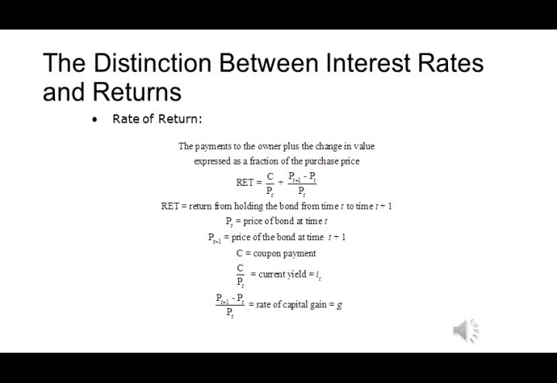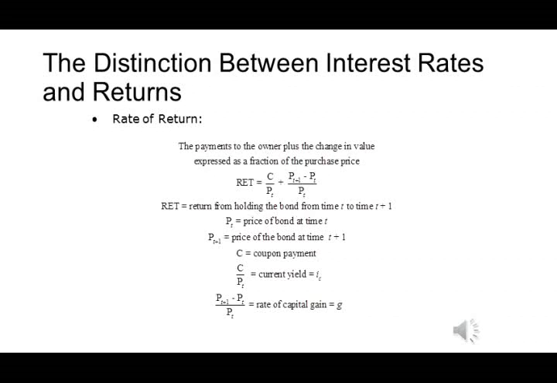The rate of return equal the current yield, which is the coupon payment over the price of the bond at the time t, plus what we call the rate of capital gain, which is the difference between the price of the bond at the time I'm going to sell the bond, which is t plus 1, minus the price of the bond at the time t, which I have paid already to purchase the bond, divided by the price of the bond at the time t. Here, the rate of return includes the income earned and the capital gains or losses from the bond.